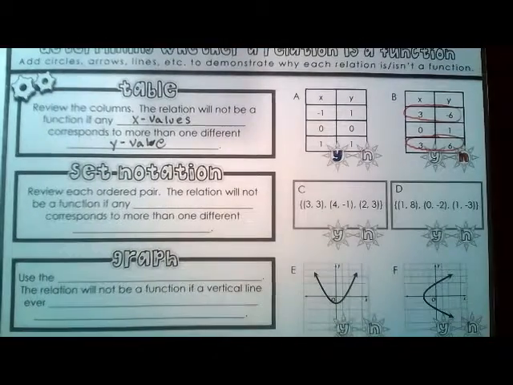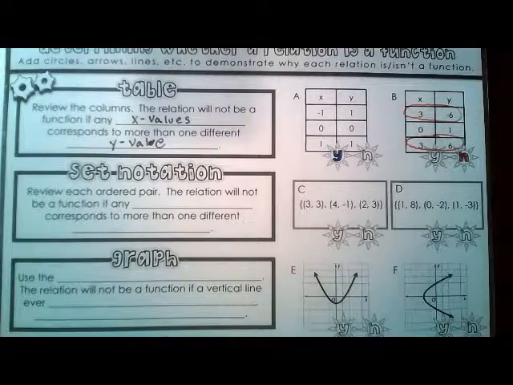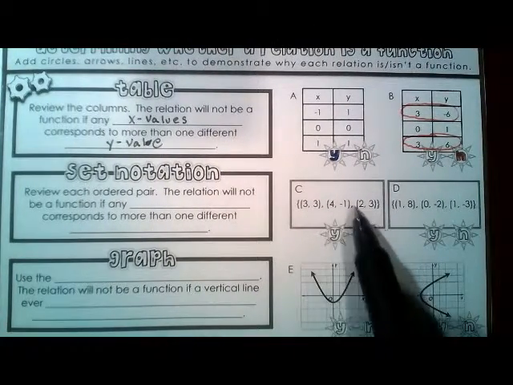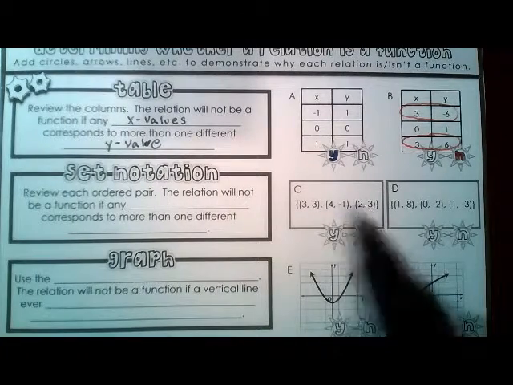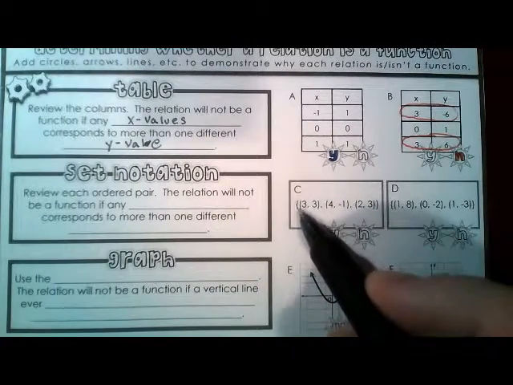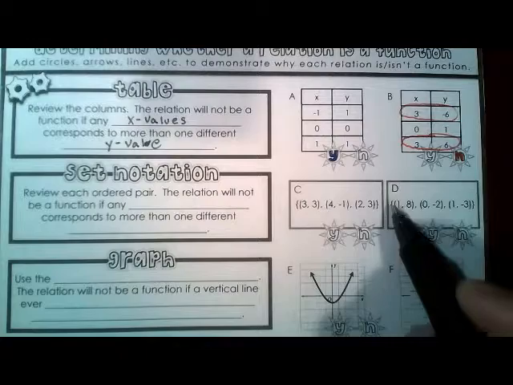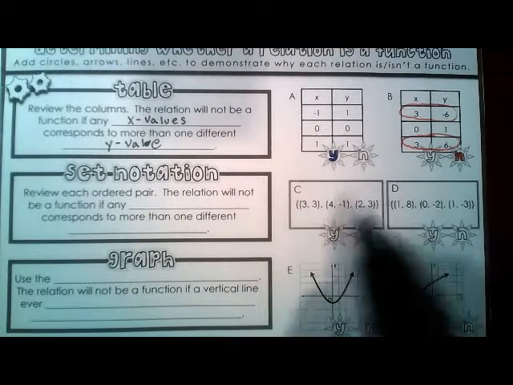Set notation, we haven't really gone over set notation in this class, but a set is just a list of coordinate pairs, or just a list of numbers. And that list is usually in these little squiggly brackets here, curly braces if you want to call them. Okay, these curly braces.